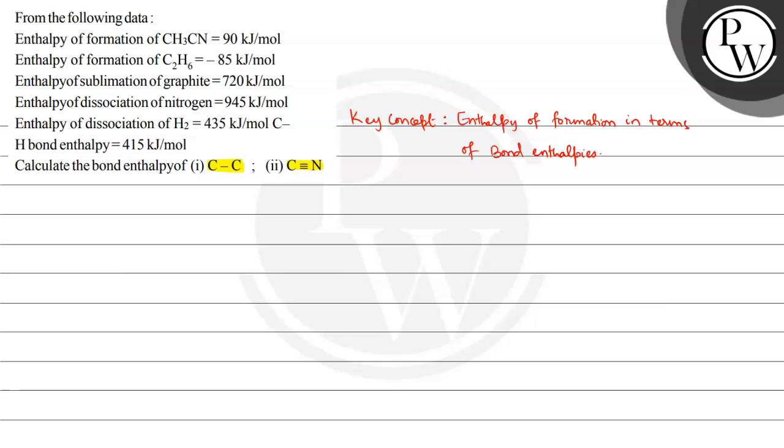C2H6 में क्या है, we have 2C in solid state plus 3H2 in gaseous state giving C2H6 in gaseous state.